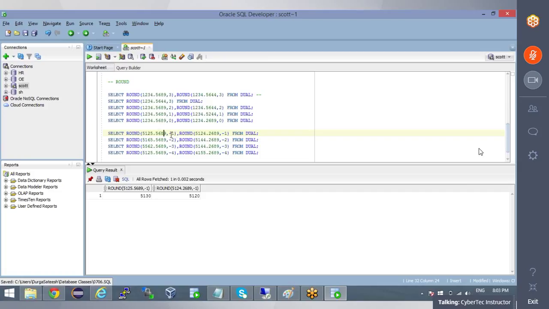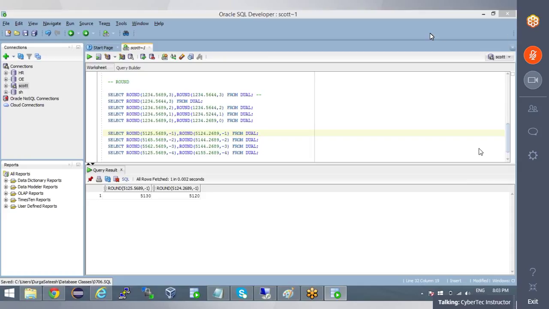Now here the condition is different. We are having a second argument in terms of minus. So what are we supposed to do here? When I say minus of any value, it would take an action on the digits which are before the decimal. After the decimal is completely ignored. We are not going to get any values after your decimal, but it would be taking an action before the decimal.